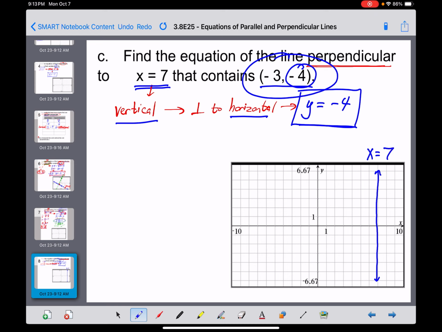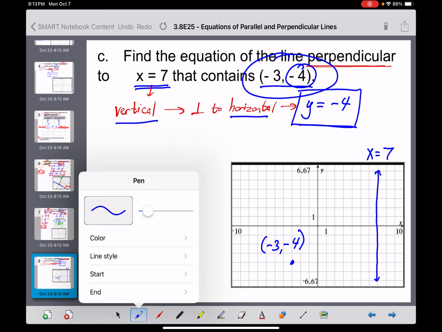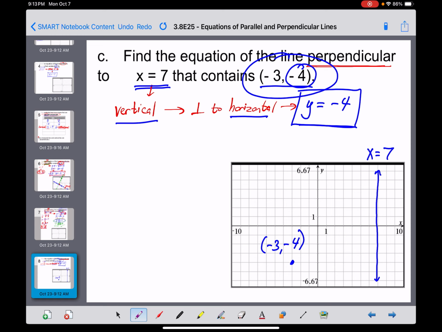Now we want the equation of the one and only line that's perpendicular to that and contains the point -3, -4, which is right over here. -3, -4. So I'm hoping that you guys can envision this. There's only one line perpendicular to the blue vertical line that passes through the point -3, -4, and it looks like this. Okay, so what kind of line did we just draw?